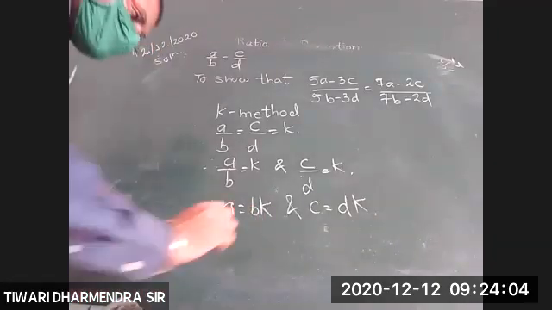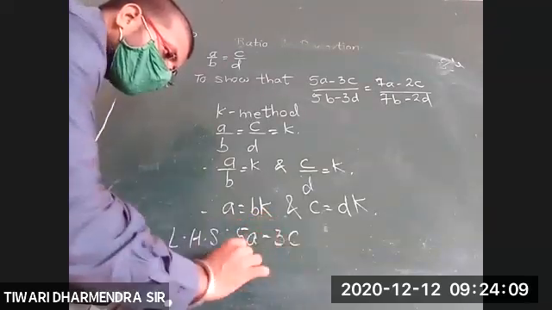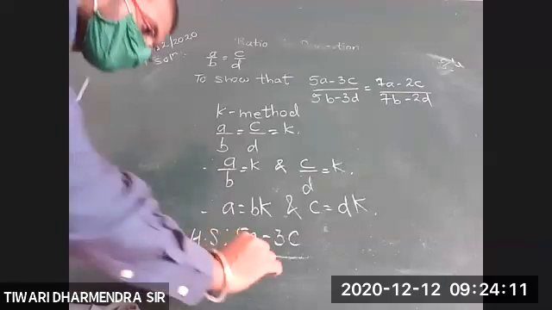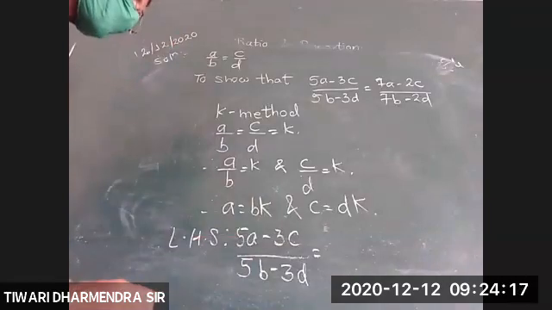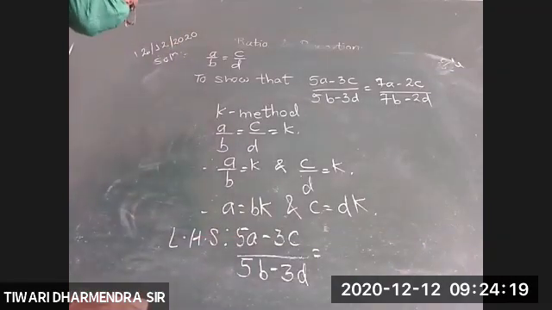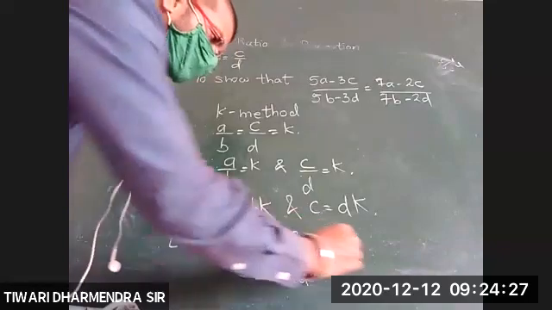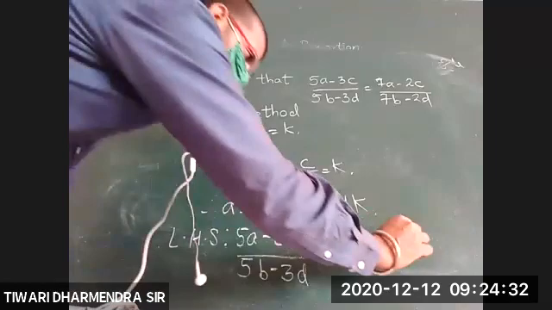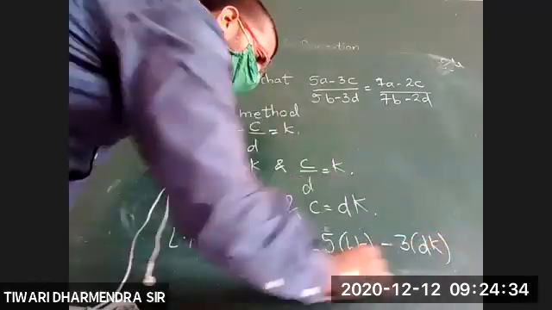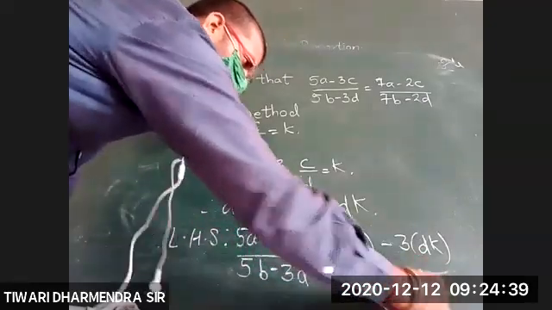Our left hand side is 5a minus 3c divided by 5b minus 3d. Here we can see we are having c as well as a. So just replace a and c by their corresponding values. 5, value of a is bK, minus 3, value of c is dK, and keep the remaining term as it is, that is 5b minus 3d.